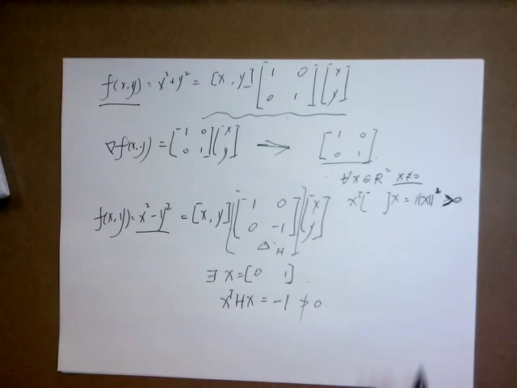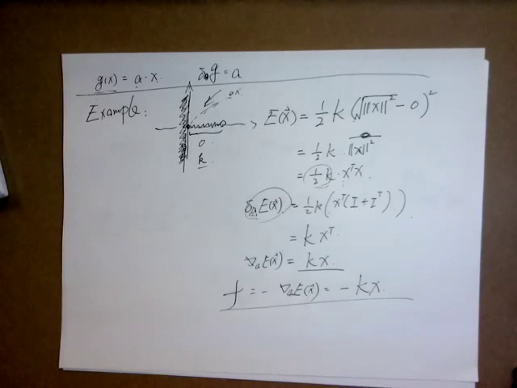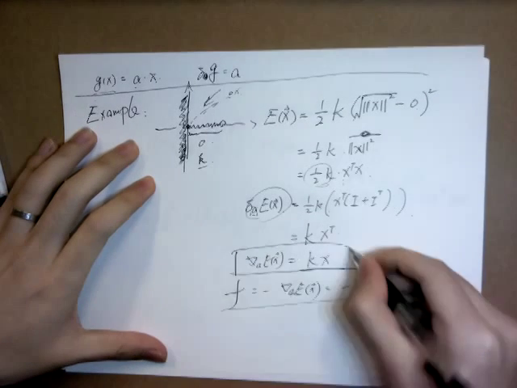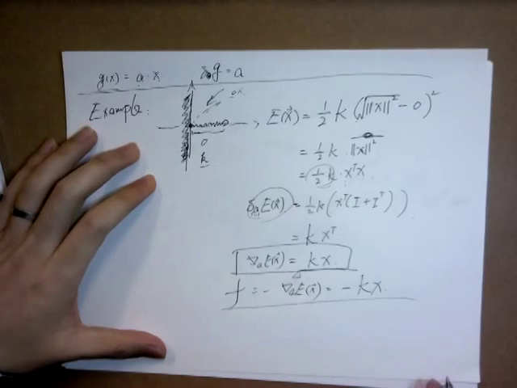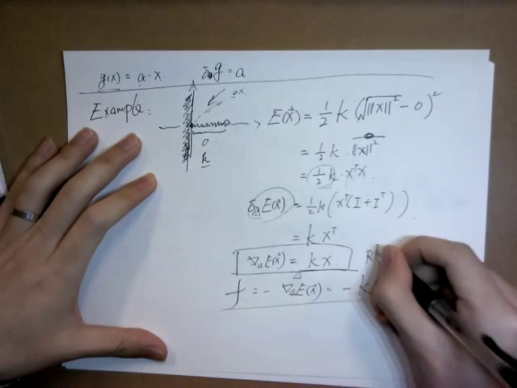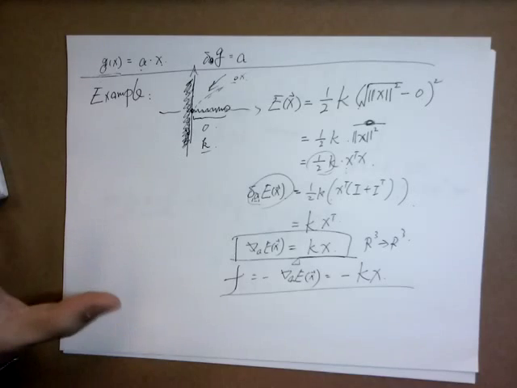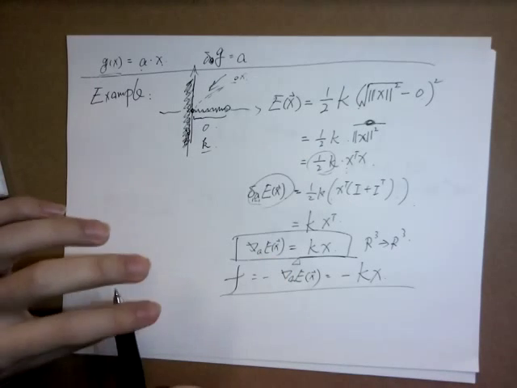And another example. Right, so this is the last example of the Hessian matrix: a spring. We know the gradient of the spring is basically kx. It's a function from R3 to R3. Then what is the Hessian matrix of this attachment spring?